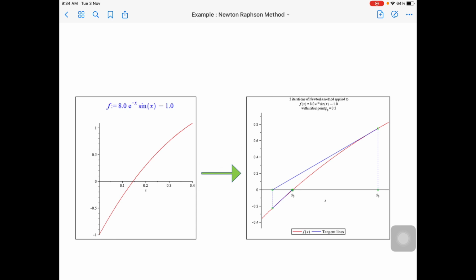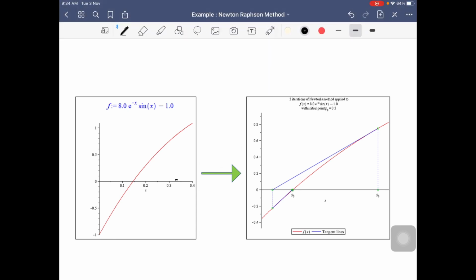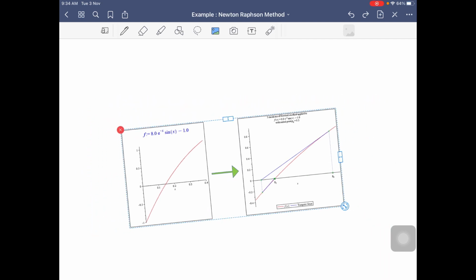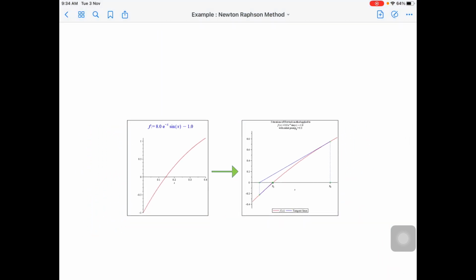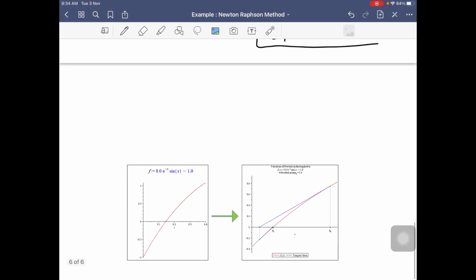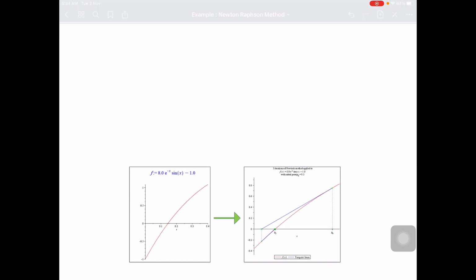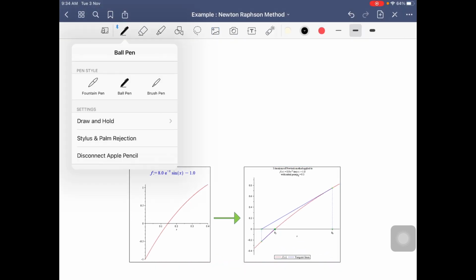Okay, let me minimize this first. Actually, we can summarize, or instead of calculating in detail, you can straight away use the table, no problem.